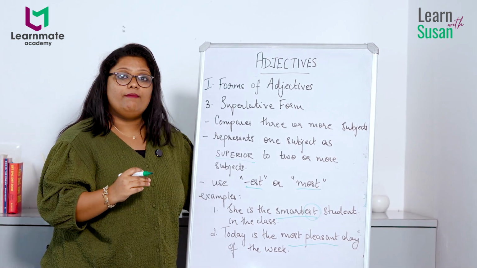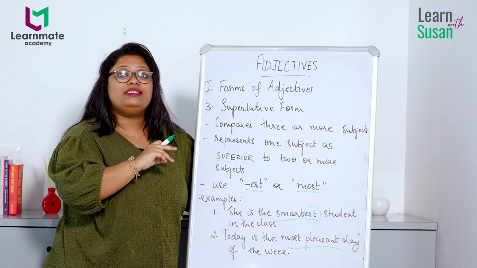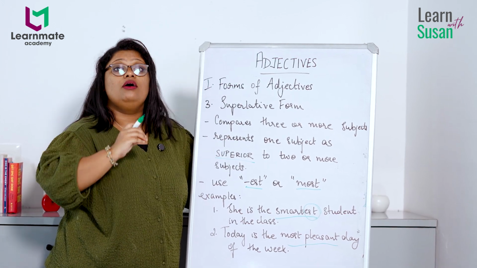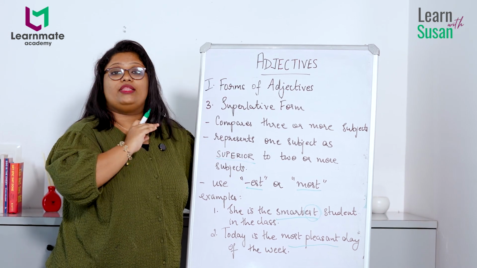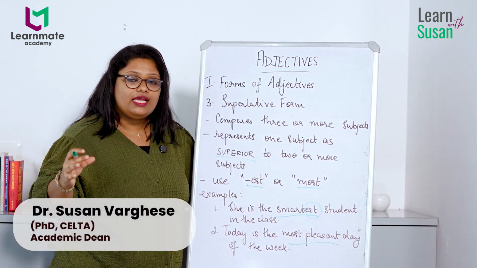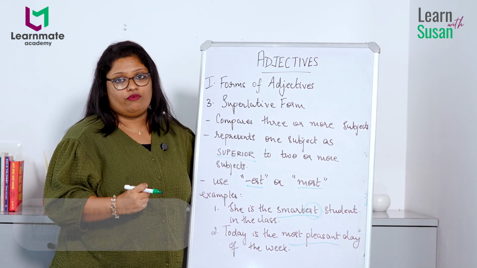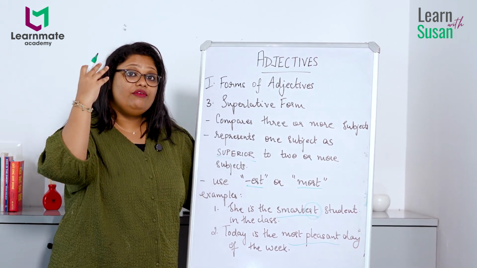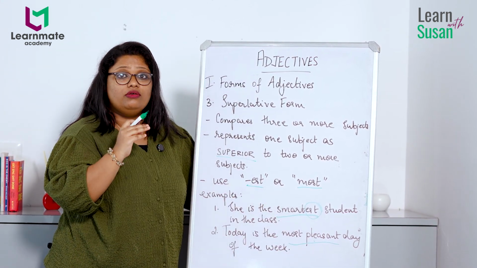I'm talking about today, which is one among the 7 days of the week, which is the most pleasant. The weather was beautiful. So in order to describe that among all the days of the week, today is the most pleasant of all. So I'm giving the superior quality of pleasantness to today.